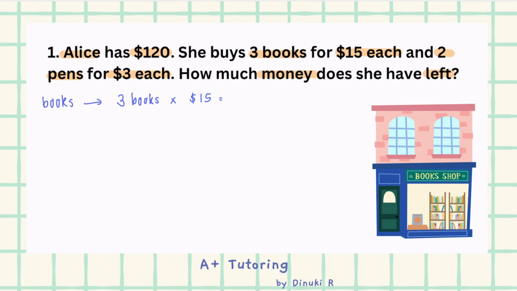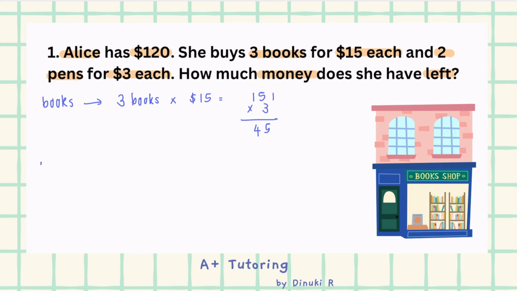So instantly in your head, you should think of 3 groups of 15, which you can do 2 ways. You can add 15 3 times, or it's a lot quicker if you do a multiplication. So 3 times 5 gives us 15. 3 times 1 gives us 3, plus 1 gives us 4. So now we know that the books by themselves cost $45.